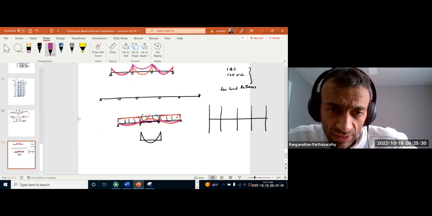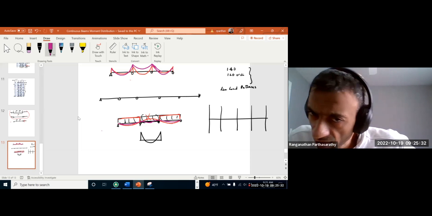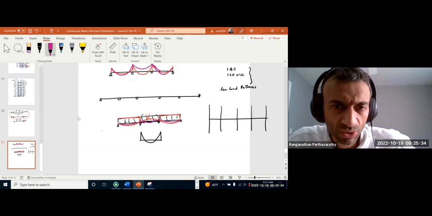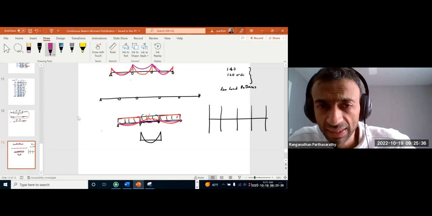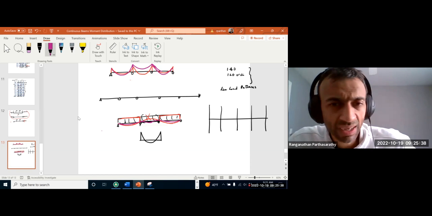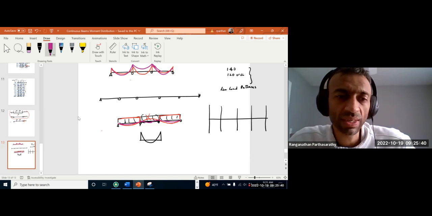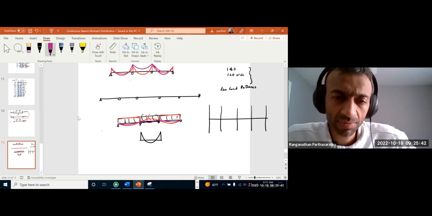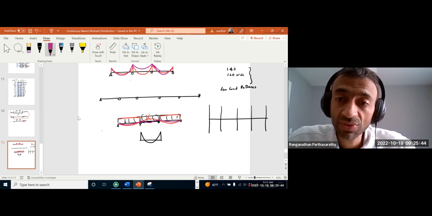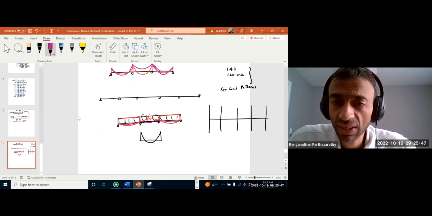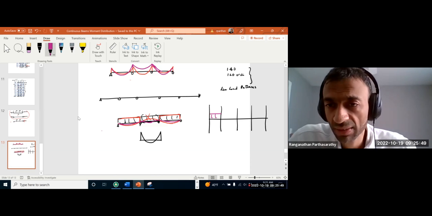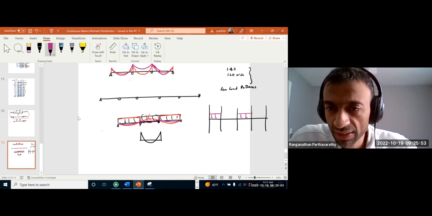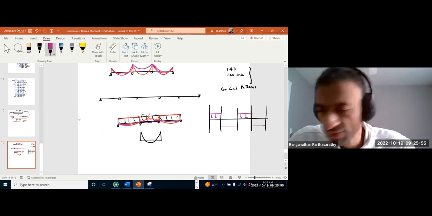So it is not necessary that loading all of the spans is going to give the maximum positive moments and maximum negative moments at every support. The real fact is that it is very hard to say. We have to check all possible patterns, maybe alternating, then alternating only these, then all, then something.